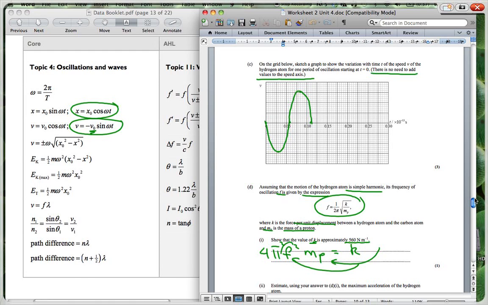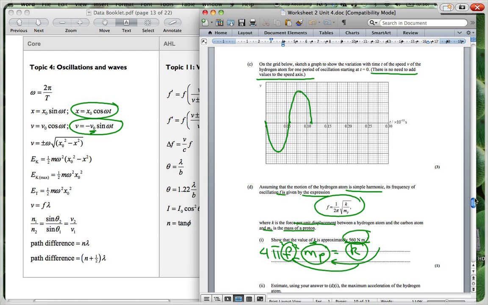We've got our frequency from before. We were given the mass of the proton, the mass of the hydrogen atom is that, and from that we can work out our K. And we should get something like 560 newtons per meter.